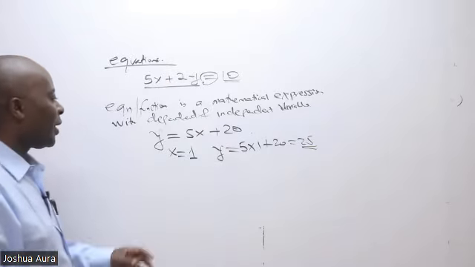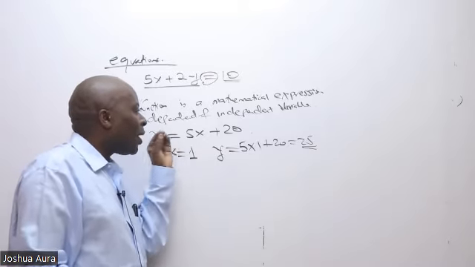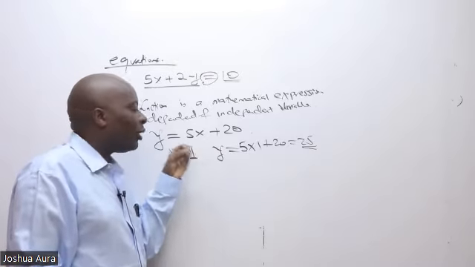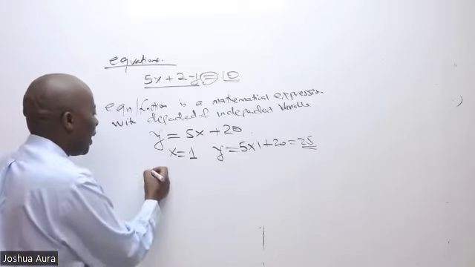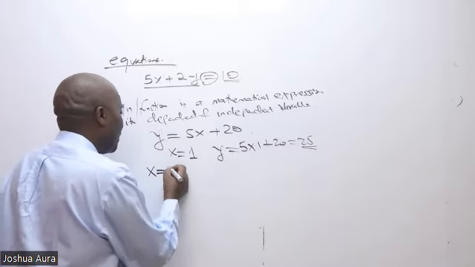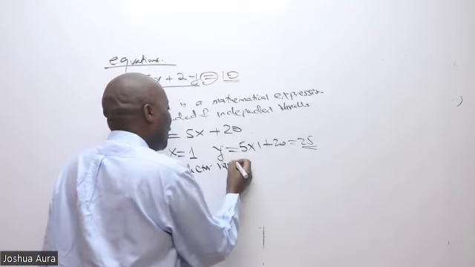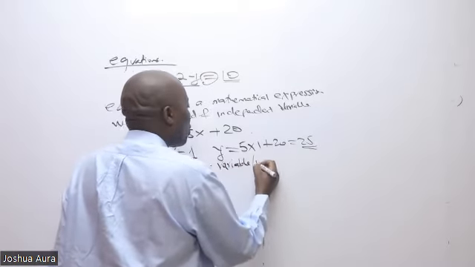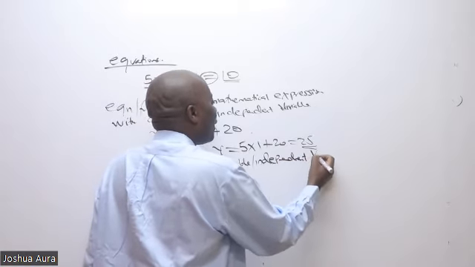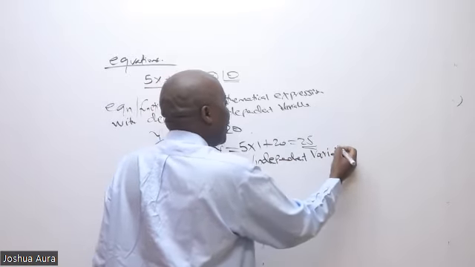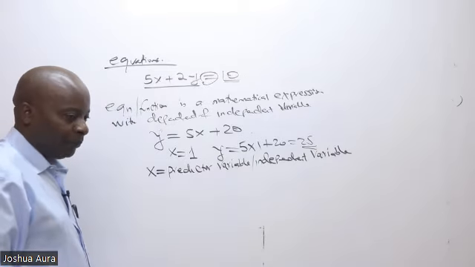So I can see in this case that x is the predictor variable. By knowing x, I will be able to know the value of y, because y simply responds. I'm repeating again that x in this case is the predictor variable. Predictor variable is what we also call the independent variable.